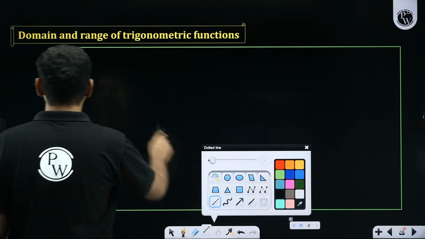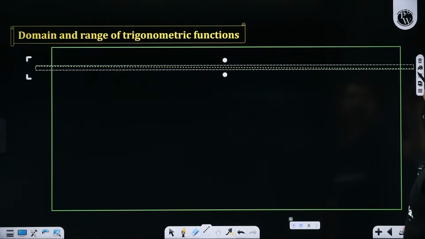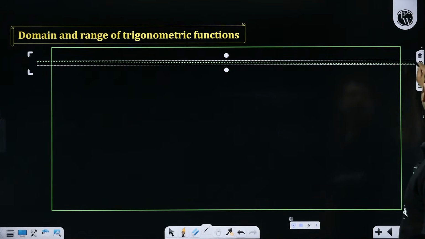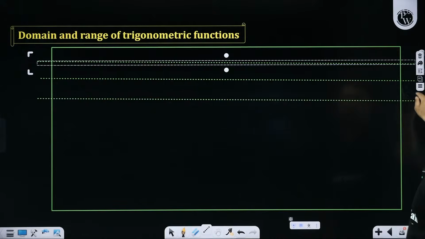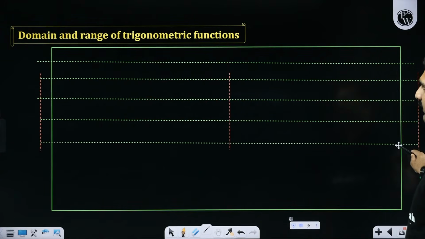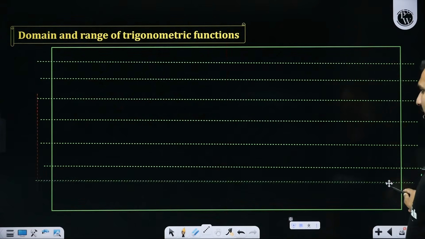I'll be talking about all the functions which we have gone through, and I'll make you understand all of these one by one. Give me a moment, I'll create a table. And we'll understand it. We'll not rote it or mug it up.